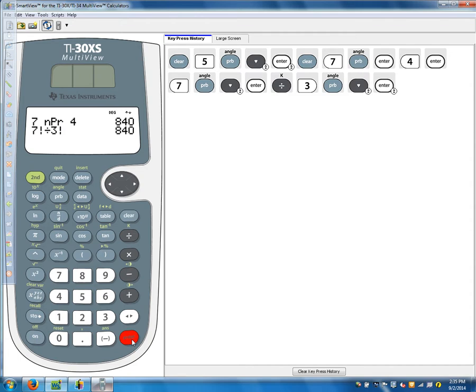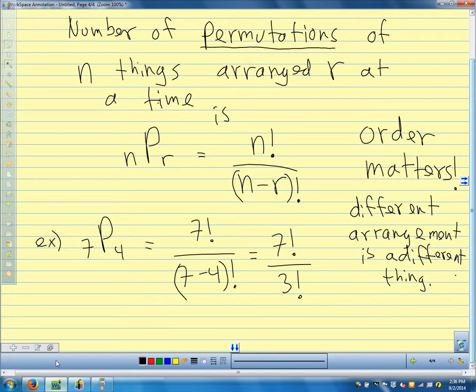So I can do it either way. Questions there? All right, again, if you have questions with your calculator, how to do this with your calculator, I can help you out. This formula I would provide on a quiz or a test.